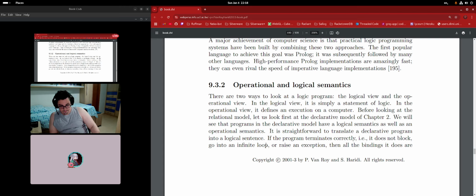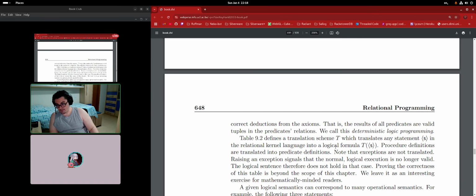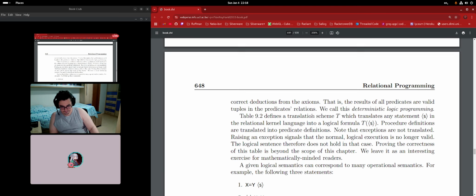If the program terminates correctly, which means it does not block, then all the bindings it does are correct deductions from the axioms. That is, the results of all the predicates are valid tuples in the predicates' relations. We call this deterministic logic programming.